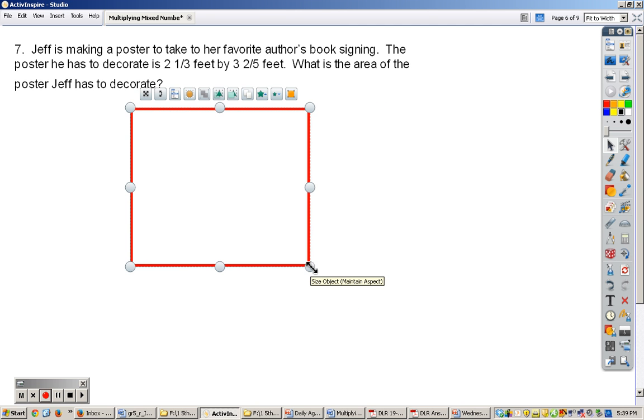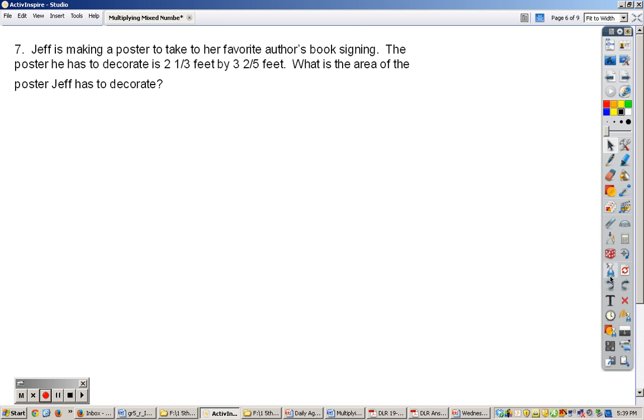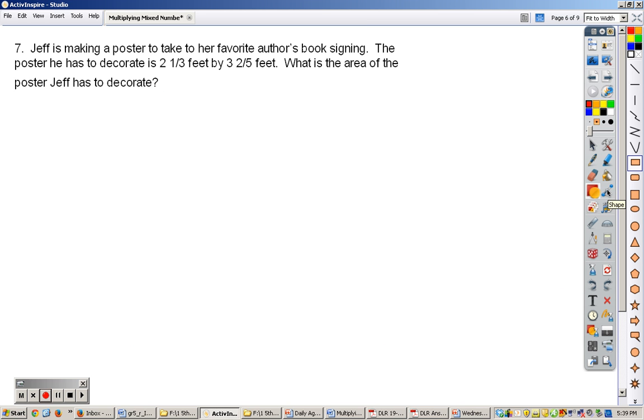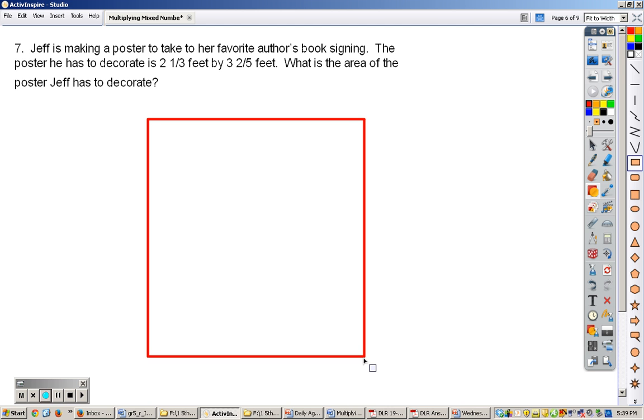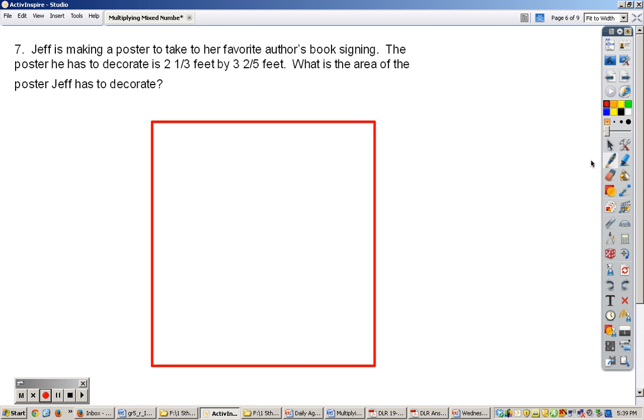You can delete that and draw another one. I want to make it longer, a longer rectangle here. Remember, for an array, I measure and then add.